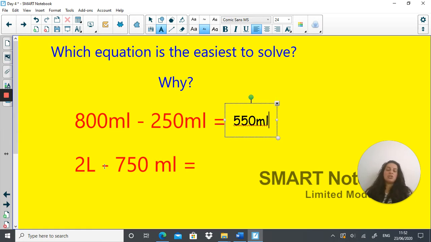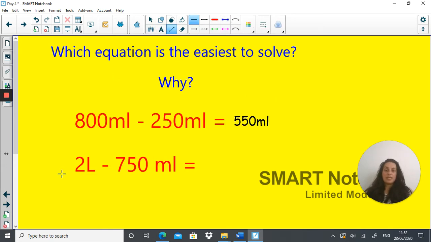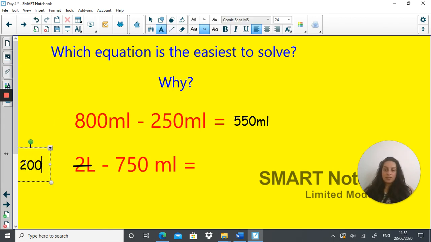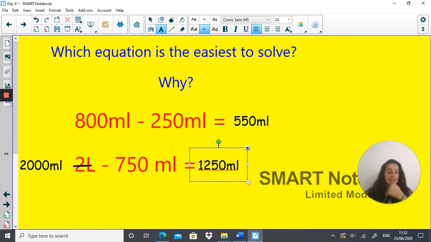Whereas with this one, 2 litres take away 750 millilitres is trickier because litres and millilitres are two different units of measurement. So what we have to do is to put a line through 2 litres and change it to millilitres. So 2 litres is the same as 2,000 millilitres. So 2,000 millilitres take away 750 millilitres is an easier question to solve. We know that 1,250 millilitres is the answer. Good job, guys.